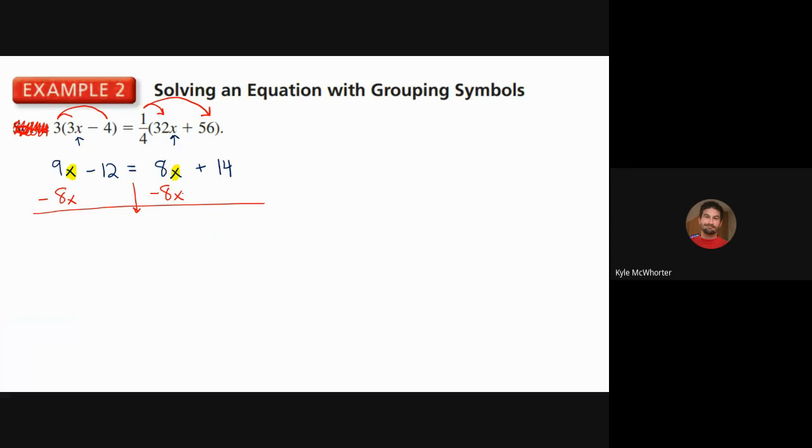So 8x minus 8x is 0. So on the right side, we just have 14. And on the left side, 9x minus 8x is just x. And then we still have the minus 12 right there.